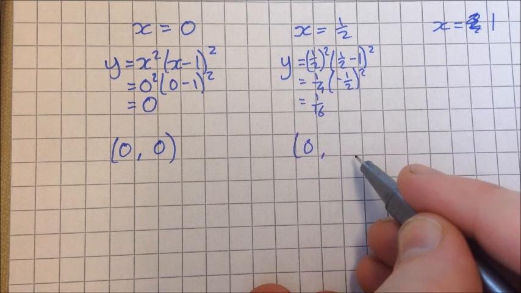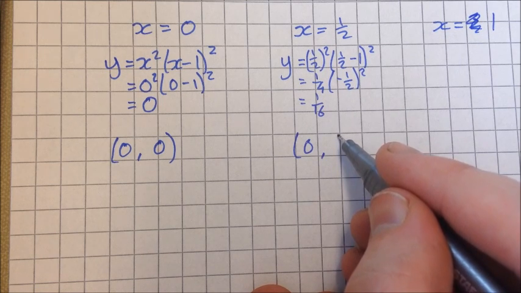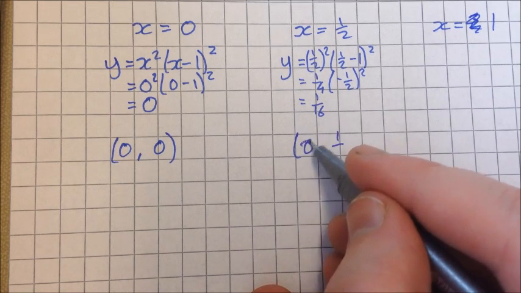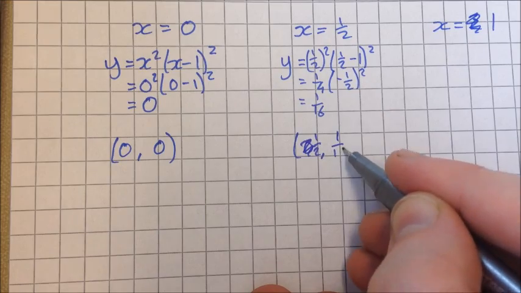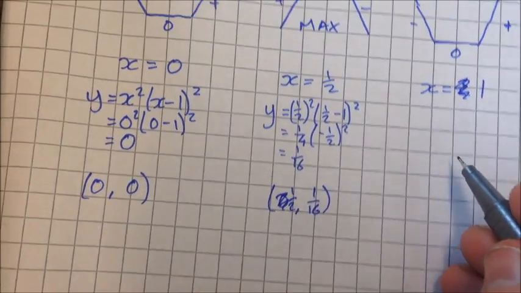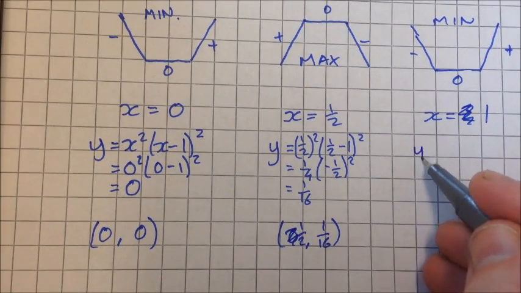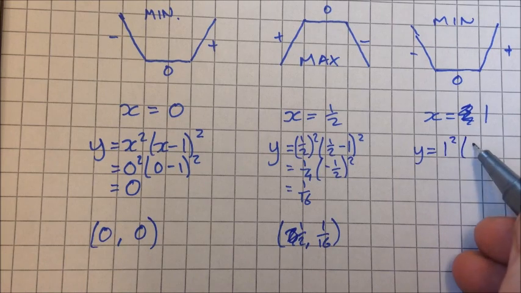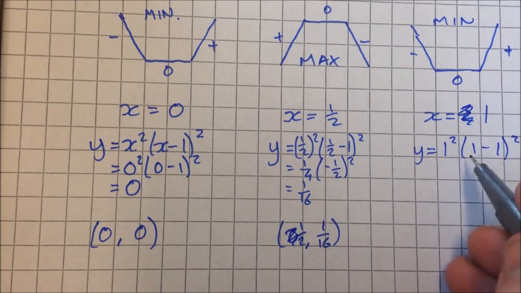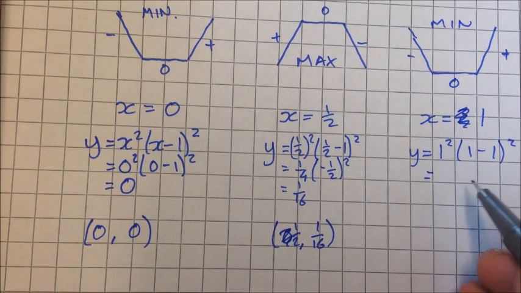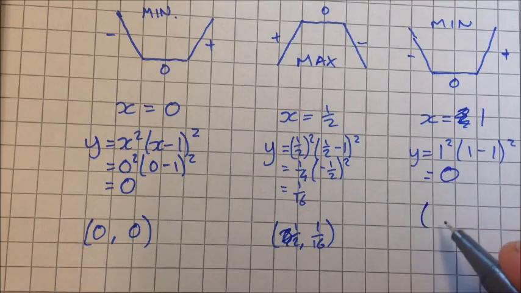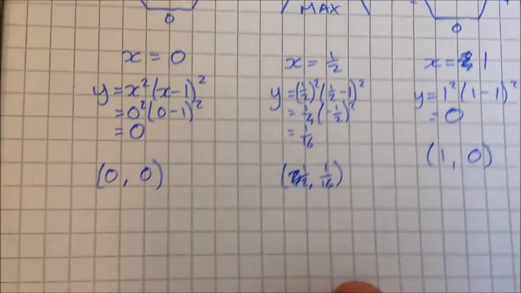So it's going to be half, 1/16. And finally, x equals 1, y equals 1 squared, 1 take away 1 squared. Now 1 take away 1 squared is 0 squared, isn't it? So this is going to be 0 as well. So it's going to be 1, 0.